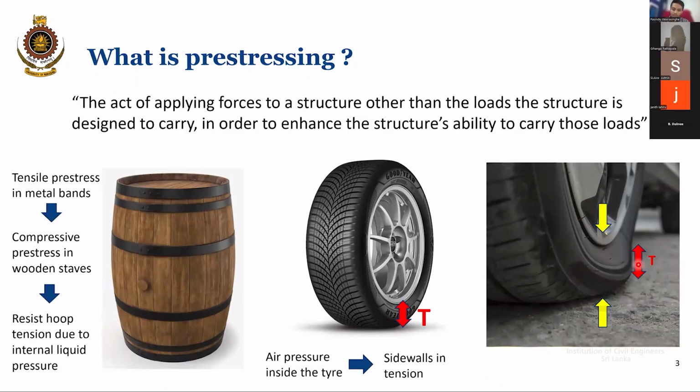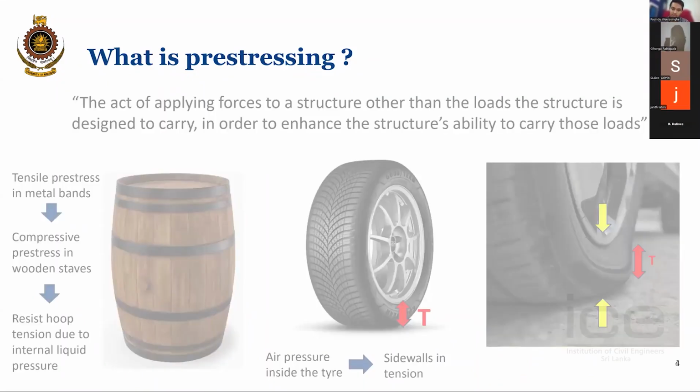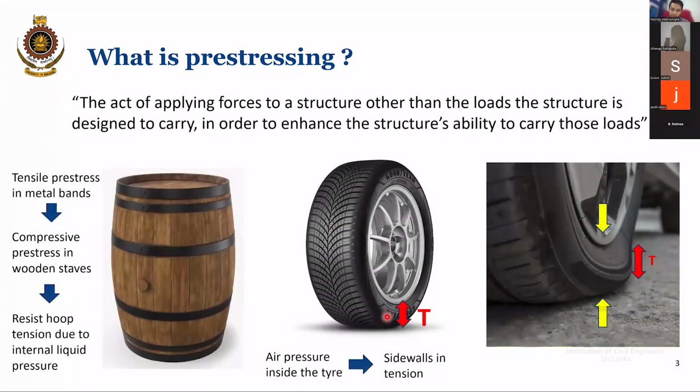Now imagine this tire without air, what will happen? The initial tension will not be there. So what we will have is only the compression. So the tire will be purely under compression. Now, because of this initial pre-tension, the initial tension has reduced a little bit due to the compression, right?